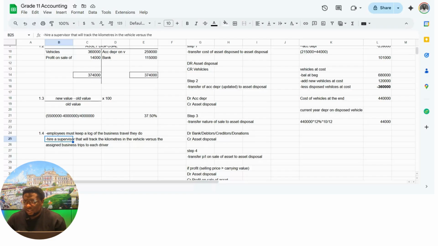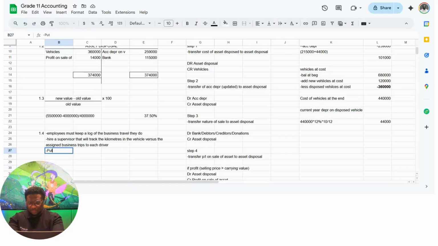What other things, for example, could be putting a tracker, to know where the vehicle is traveling to. So you want to have that tracker so that if you find that this was not authorized business travel, then there may be consequences for that particular employee.